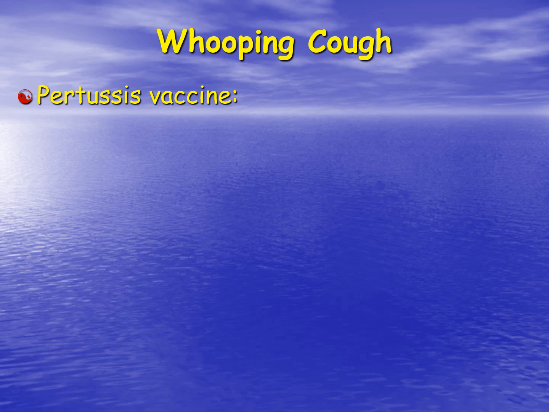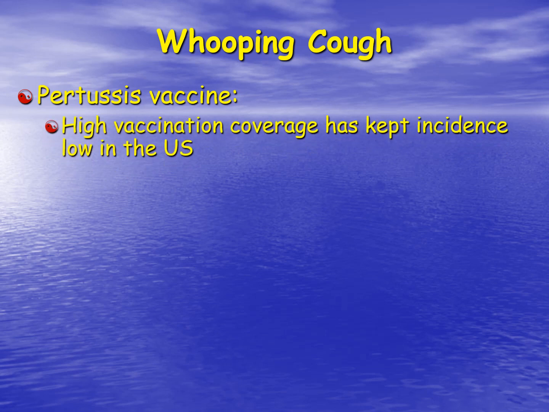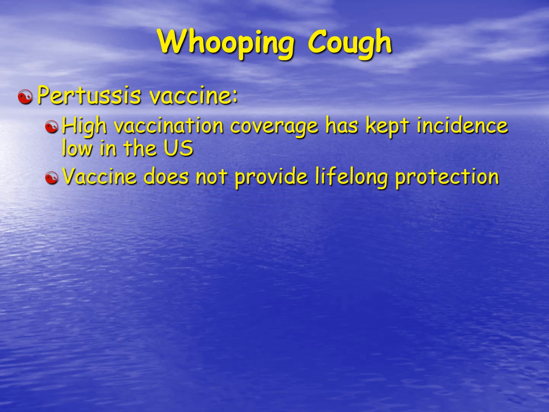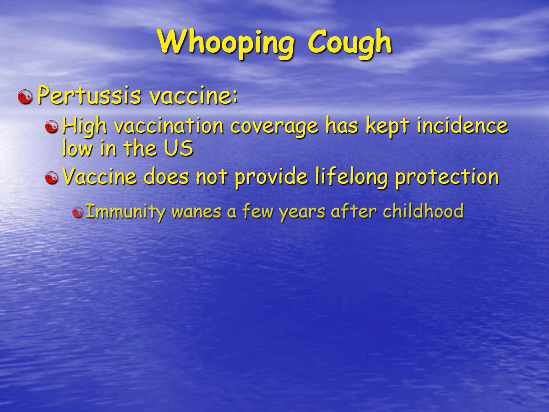For humans, there is a pertussis vaccine, and the high vaccination rate has actually kept incidence of whooping cough down. However, we are seeing breaks in our vaccination protocols, and we are seeing an increase in whooping cough. The vaccine does not provide lifelong immunity, and so boosters are necessary.